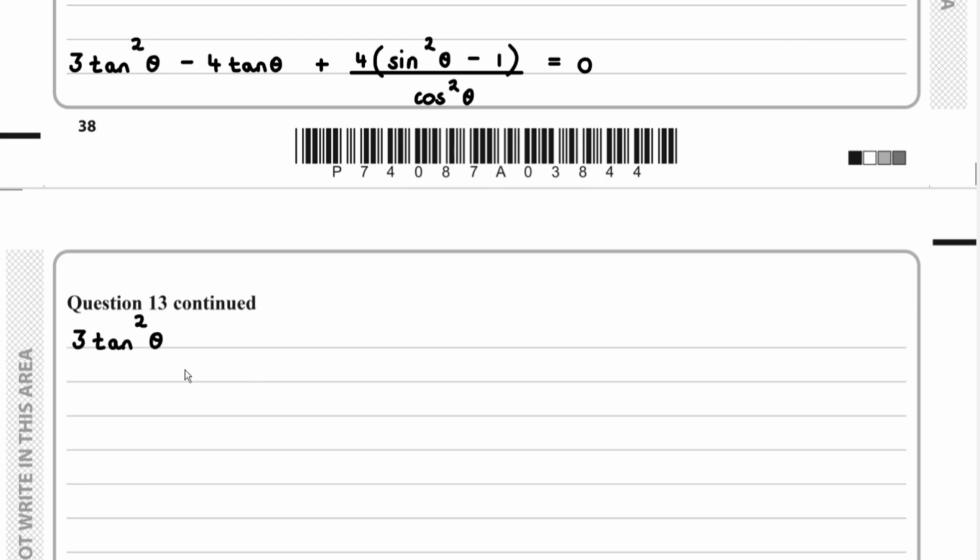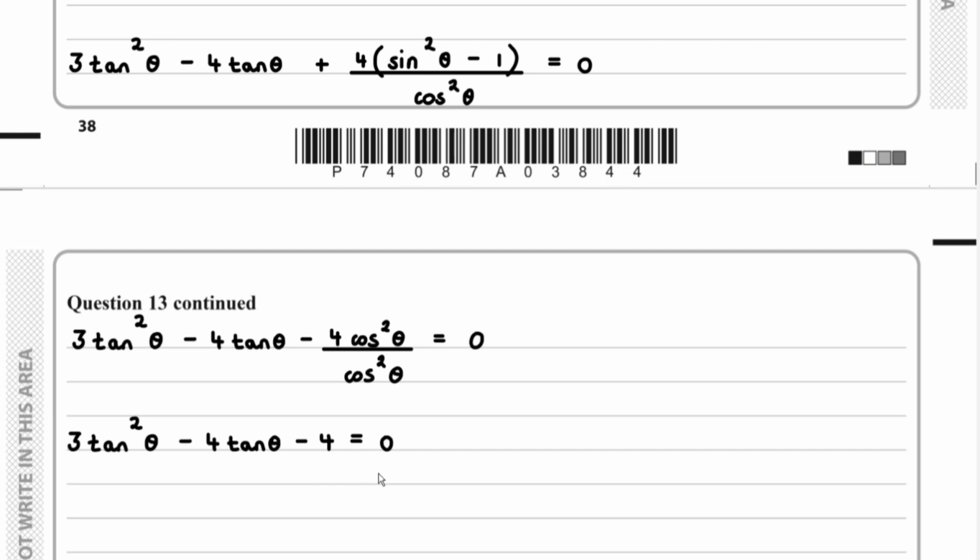So we end up with 3 tan squared theta subtract 4 tan theta subtract 4 cos squared theta, and don't forget we still divide by cos squared theta, and this is equal to 0. And noticing that cos squared theta over cos squared theta simplifies to 1, we end up with 3 tan squared theta subtract 4 tan theta subtract 4 equals 0.